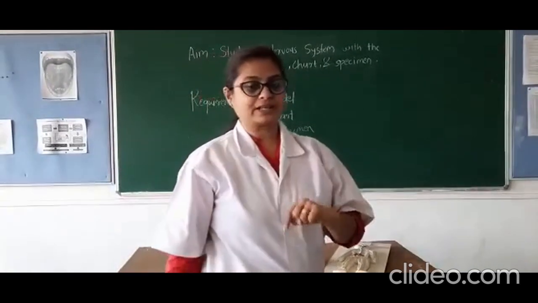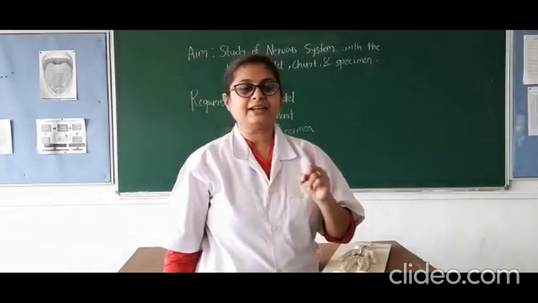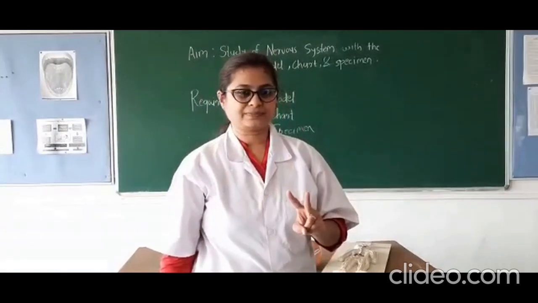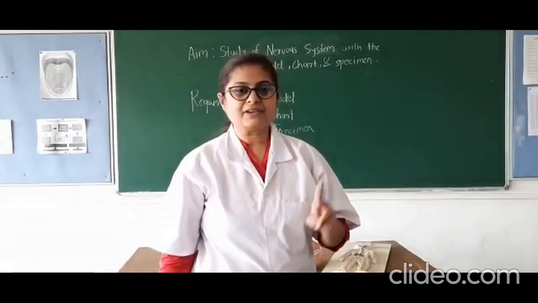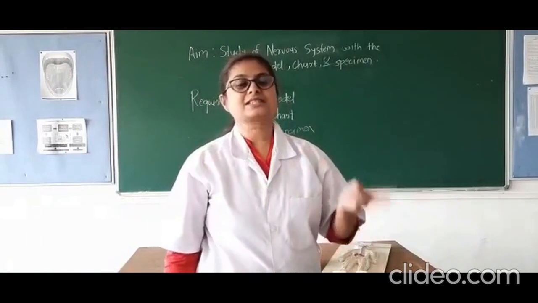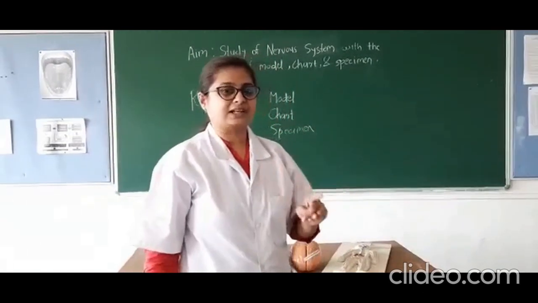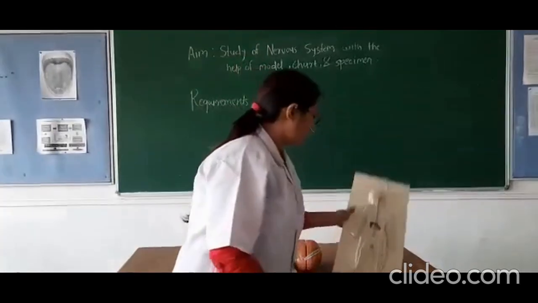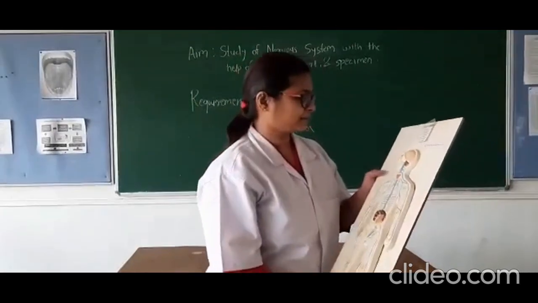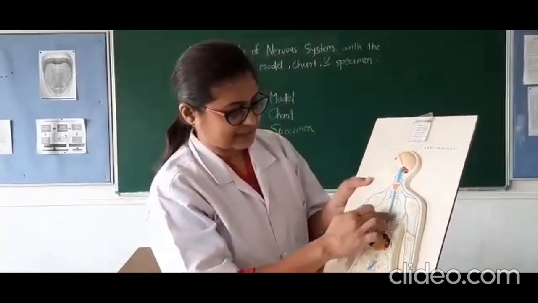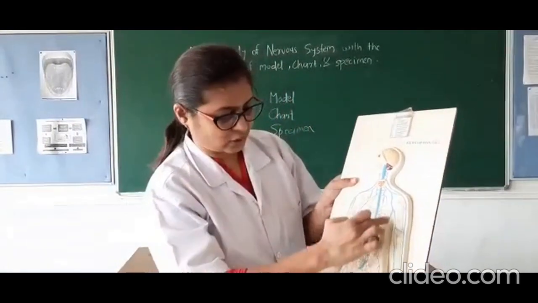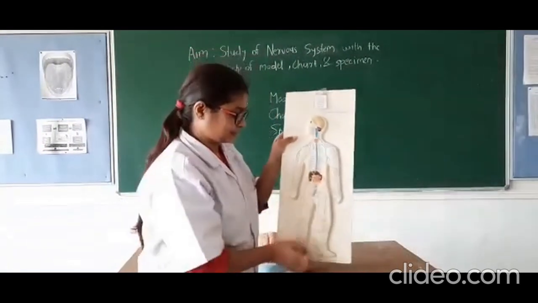And the autonomic nervous system, which gets divided into two parts: cranial nerve and spinal nerve. The cranial nerves contain 12 pairs and the spinal nerves contain 31 pairs. Now see, here is the cervical nerve and here are the thoracic nerves.